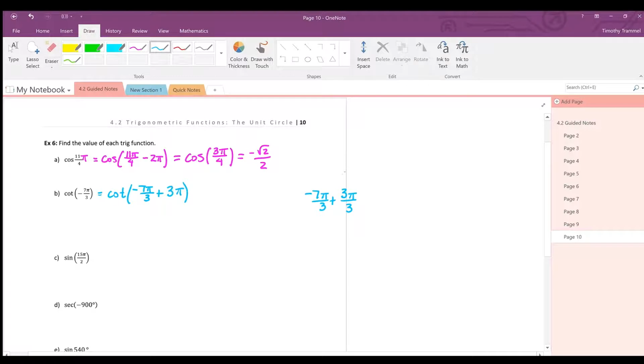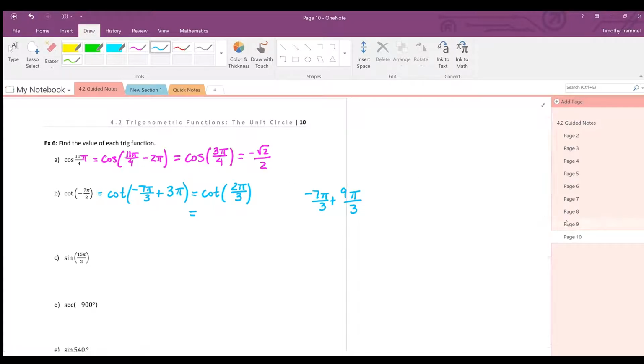If we do 3 of those, then that's 9 pi over 3. Okay, so we'll get cotangent of 2 pi over 3. Okay, and we can go to our unit circle, find 2 pi over 3, and do the x-coordinate over the y-coordinate, because cotangent is x over y.